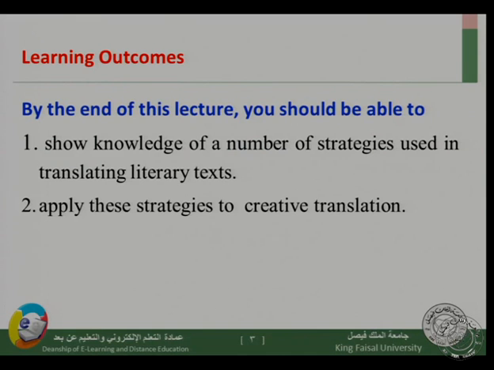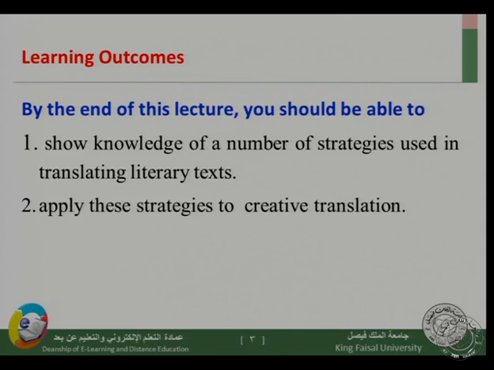As usual, I always state my objectives, or the learning outcomes you are supposed to achieve. This is for you. My main objective of this lecture is to help you achieve the following learning outcomes.